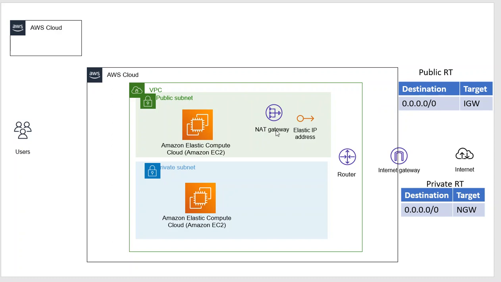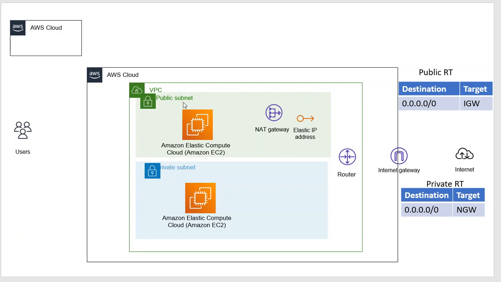So if this EC2 is accessing the internet, I should say that it should go to the internet gateway. And one private route table which is attached to the private subnet, and whenever this EC2 is accessing the internet, it should go to the NAT gateway. Okay, yeah, this is the flow.